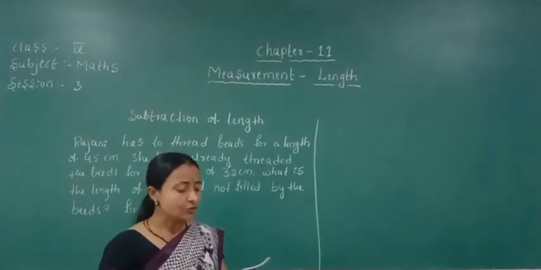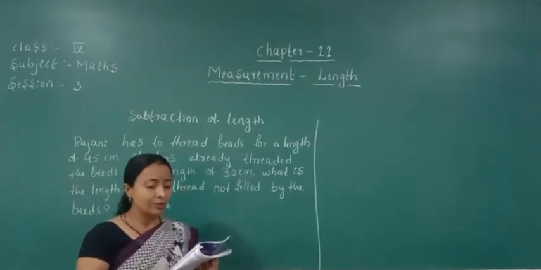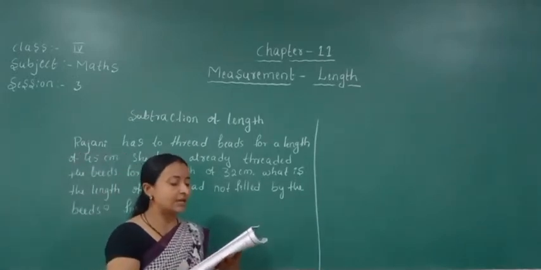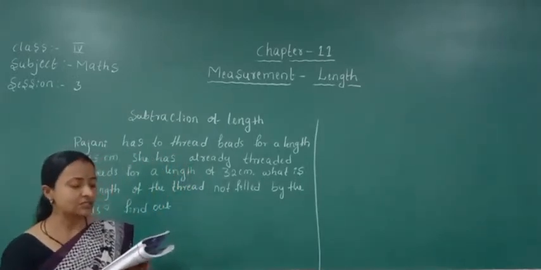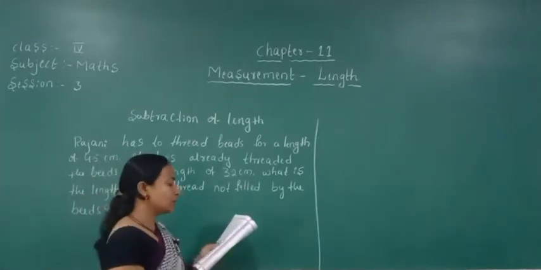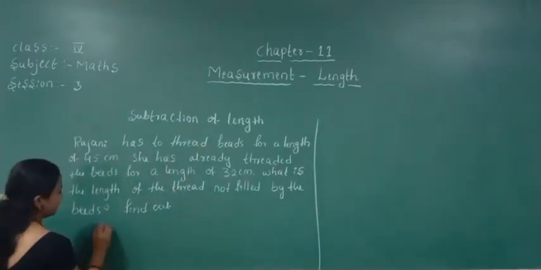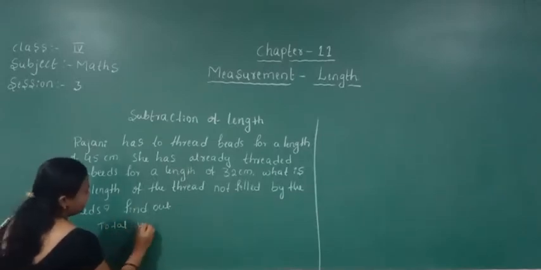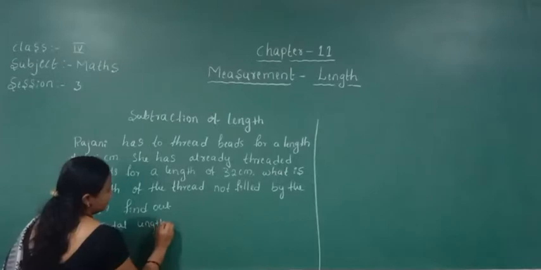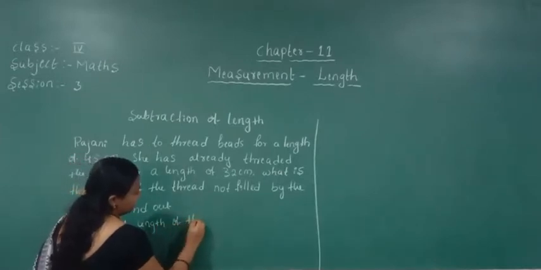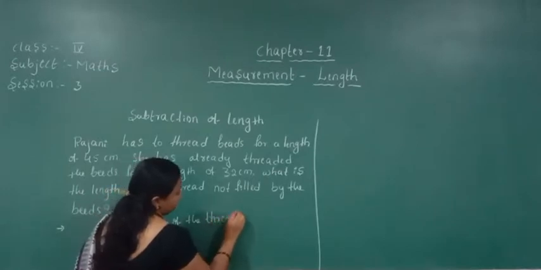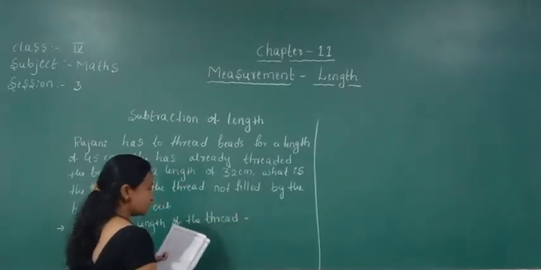Here the length of the thread to be filled, the measurement of the length in centimeter, is subtracted in the same way as the subtraction of numbers. Total length of the thread is 45 centimeter.